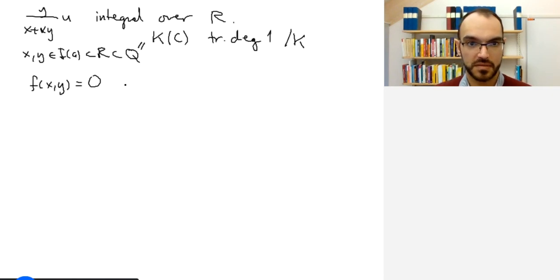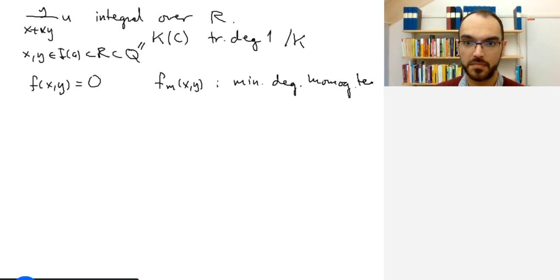So I take f_m of x, y to be the minimal degree homogeneous term of this polynomial.